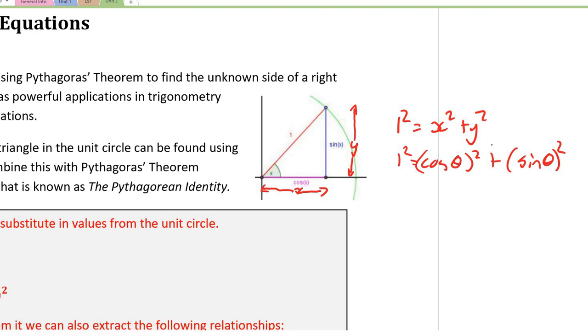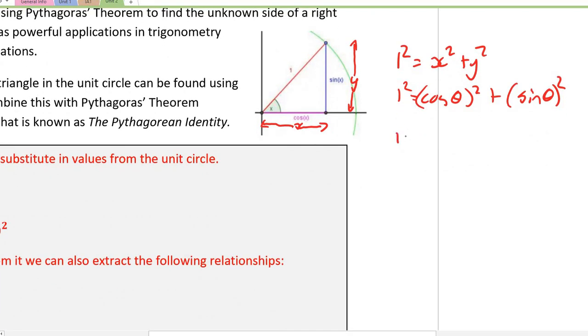Does someone want to give me a known angle? Okay, let's put in pi on 6 as our angle. 1 squared equals cos of pi on 6 squared plus sine of pi on 6 squared.